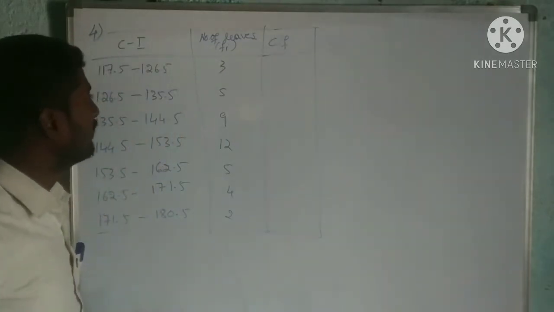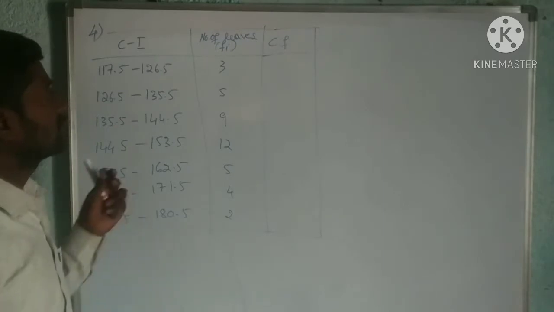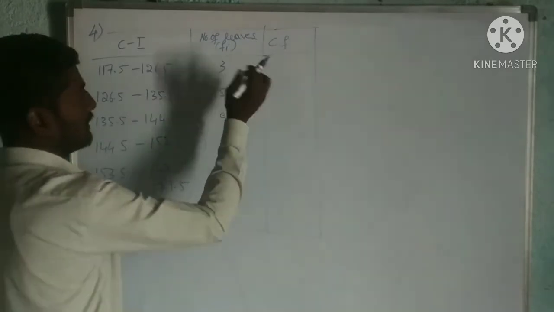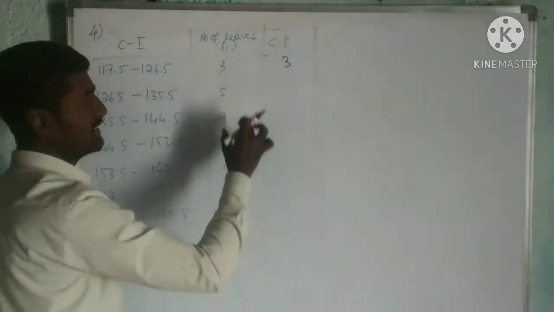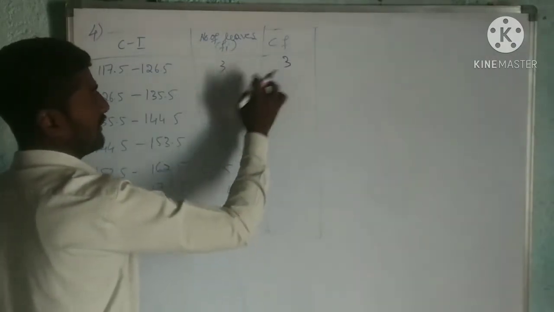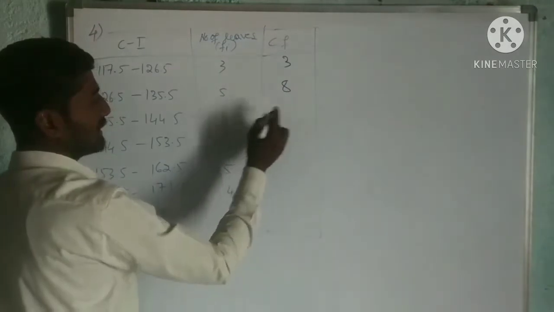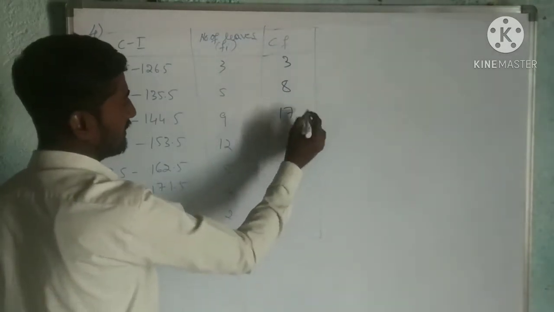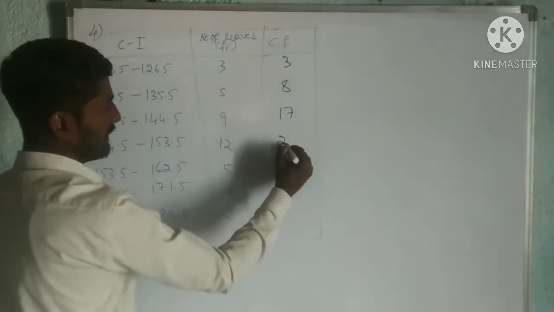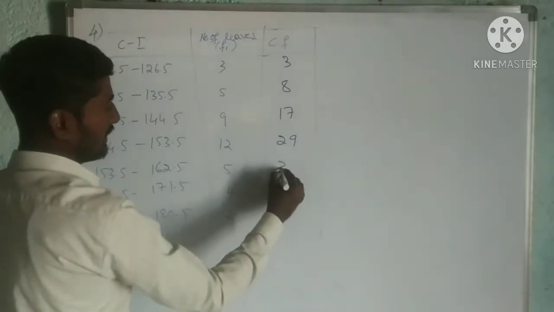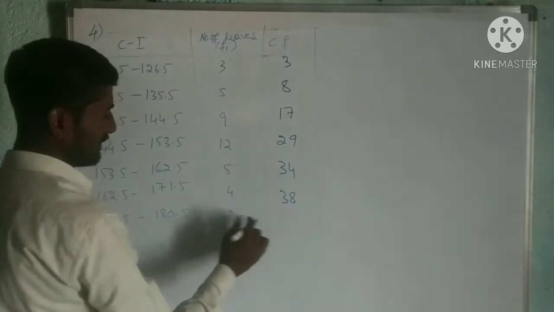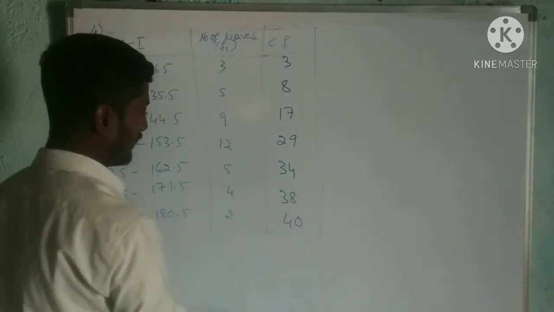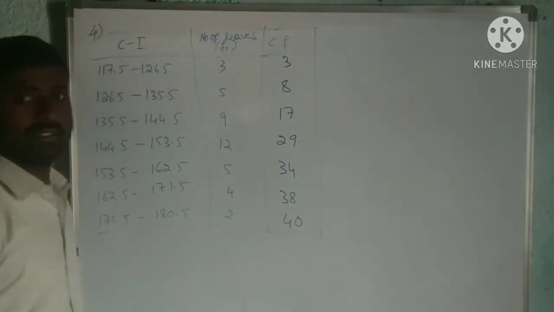Let us find the CF. The first term you write as it is: 5. Then add: 5 plus 3, 8. 8 plus 9, 17. 17 plus 12, 29. 29 plus 5, 34. Then 38. Then 40.